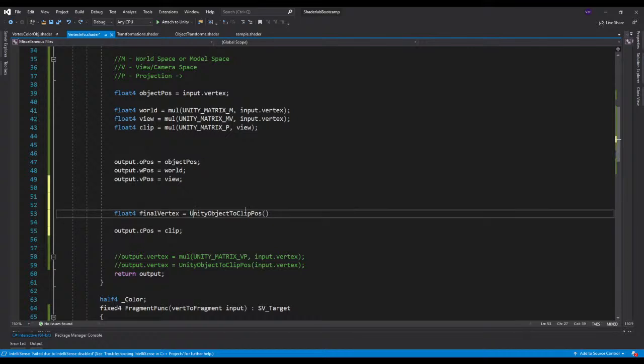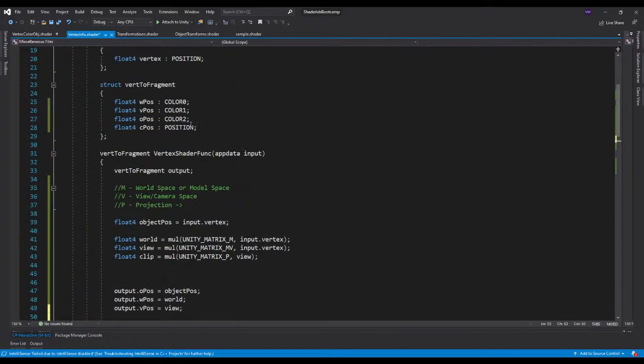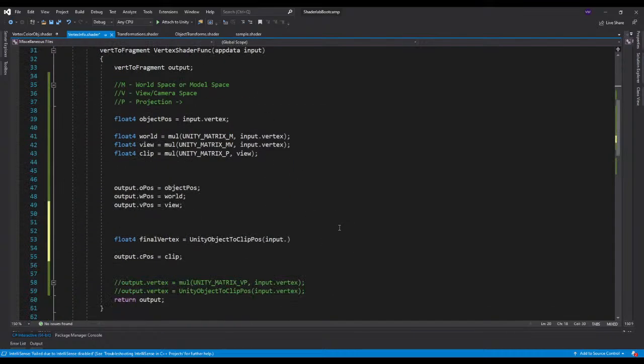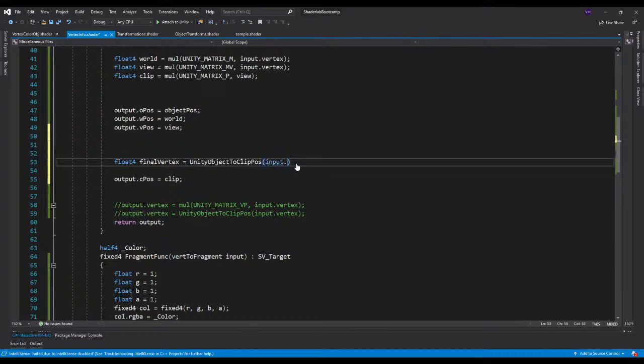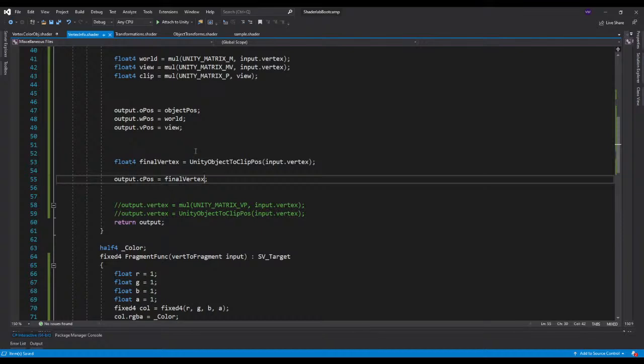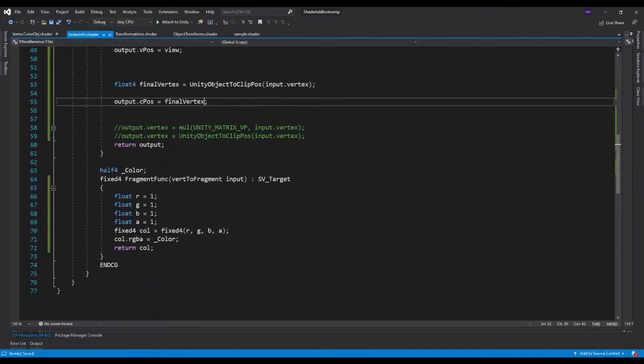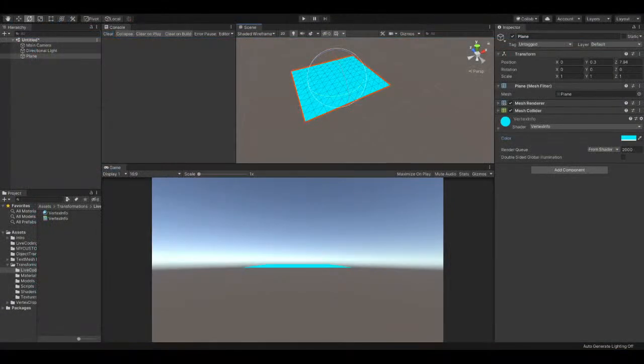So I'm going to use the same, and give it an input as input dot vertex. What is the semantic related with? Vertex. That's it. Your output position is going to be final vertex, and we're going to return the output. That's it. We observe no change, absolutely no change.